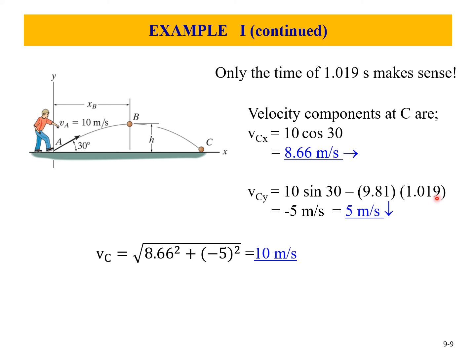Remember? But now on the y-axis, not on the x-axis. So v final of the y equals the v initial, which is 10 sine 30, minus gravity, 9.81, multiplied by the time. You now get the second component. So here, the first component, that was from the beginning. We know this thing. This is v final, right?